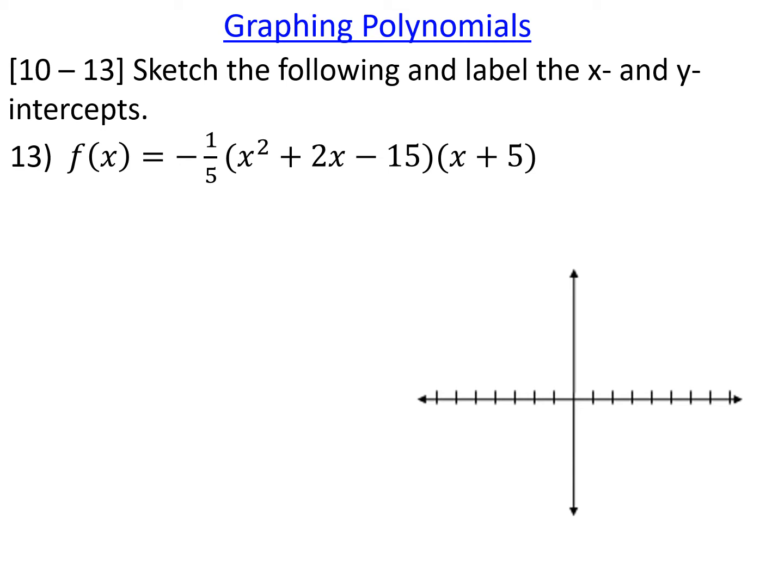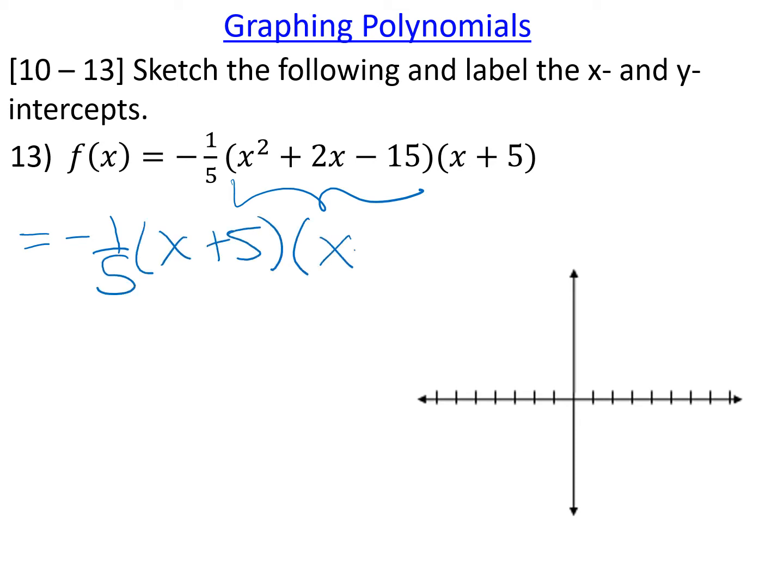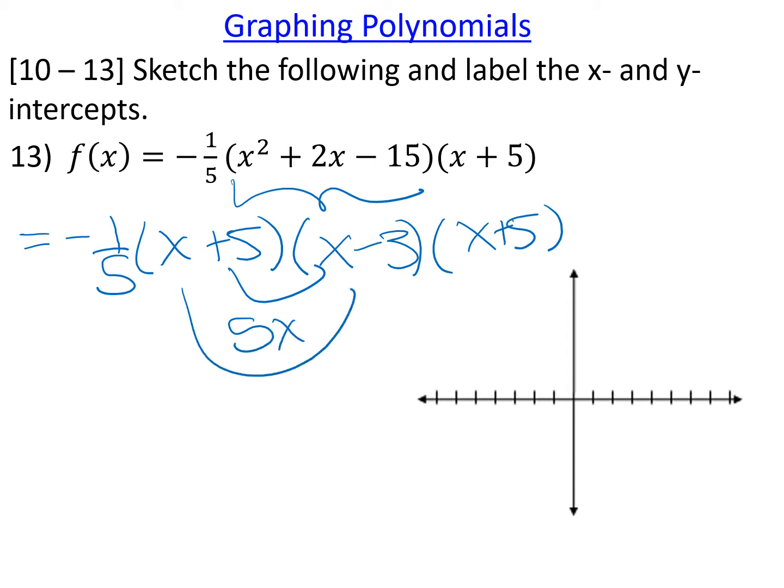Next one. This one is not factored completely, so we have to factor the trinomial first. Okay, make sure you check that factoring. Okay, and that is exactly what I wanted.